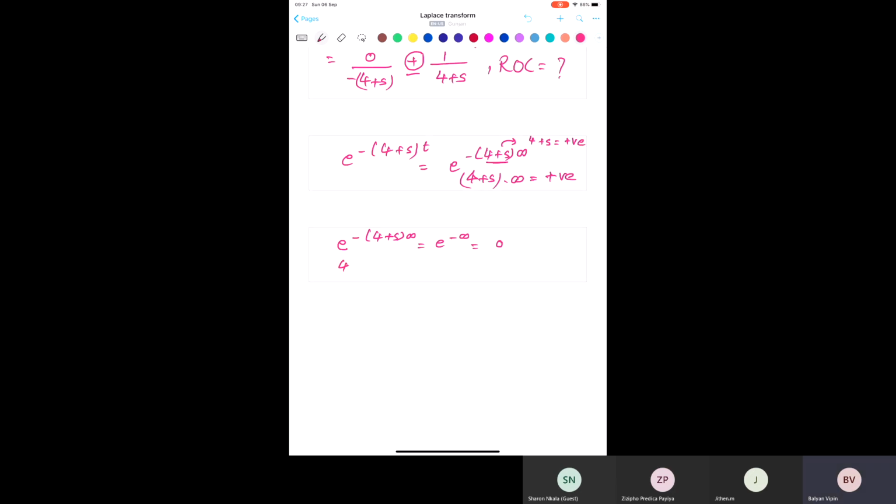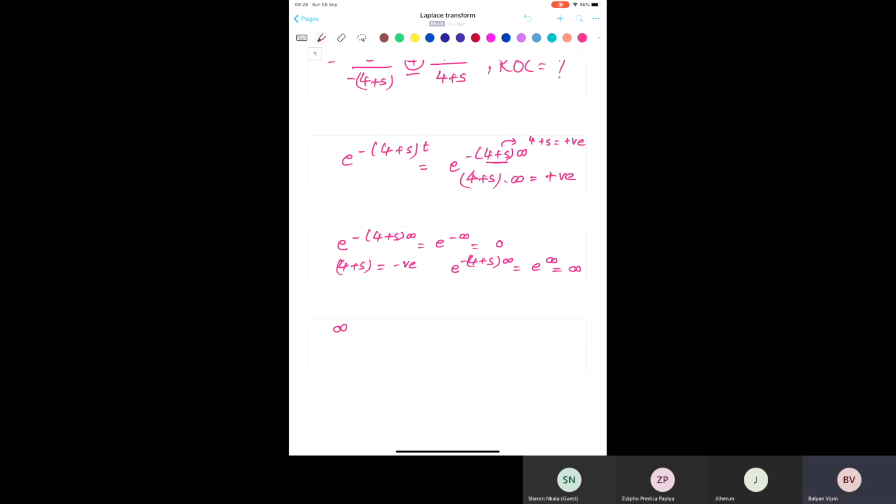But if 4 plus s is negative, then e raised to the power minus 4 plus s into infinite is e raised to the power infinite. In that case, e raised to the power infinite is equal to what? Infinite.